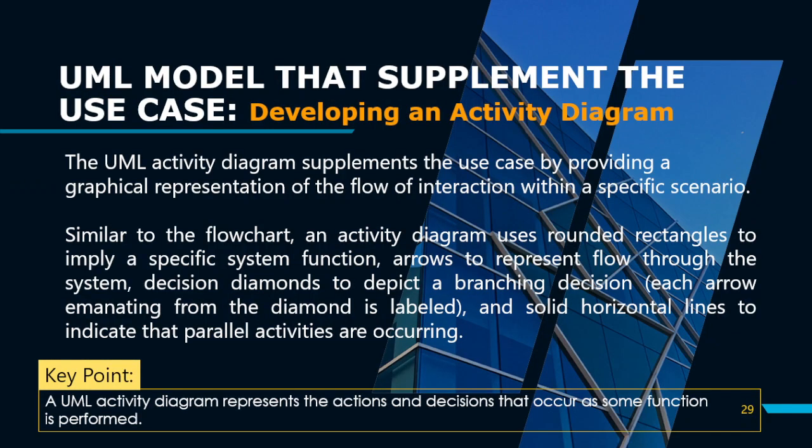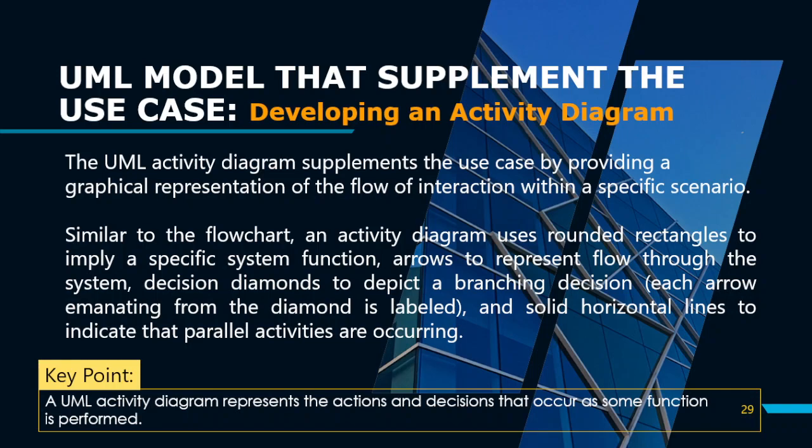Sometimes a use case is not sufficient to understand the system. At such times we need to extend our use cases and develop a few other diagrams. One of them is the activity diagram.